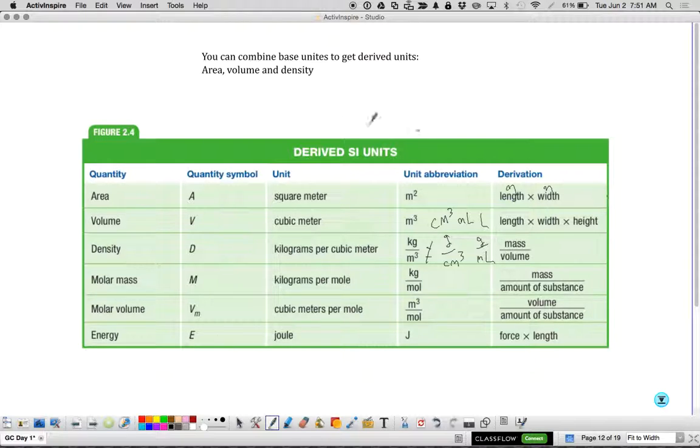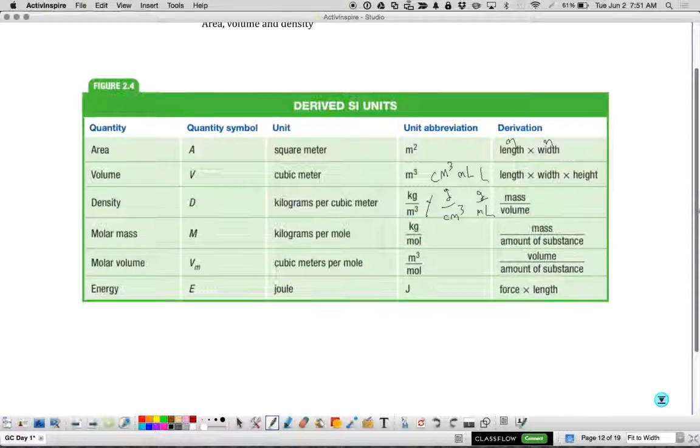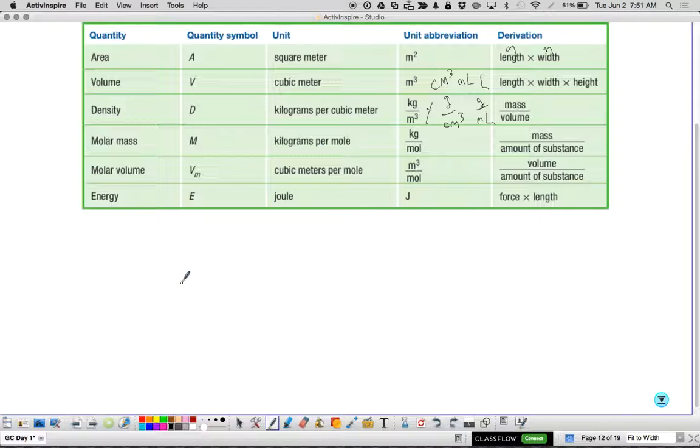But you can derive the units of anything really from the base units, okay? So I may give you something like force, which is mass times length over time, and the time gets squared.